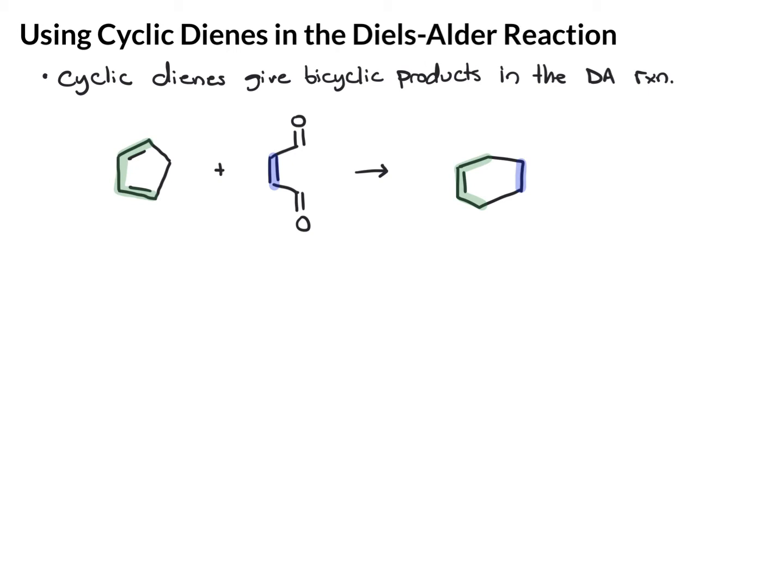So what you'll notice is that on these 2 carbons, we have our aldehydes, and we'll deal with stereochemistry in a minute, but let's just go ahead and draw the aldehydes in. And then on our diene, on these 2 carbons, connecting it, we have the CH2 group of the ring.